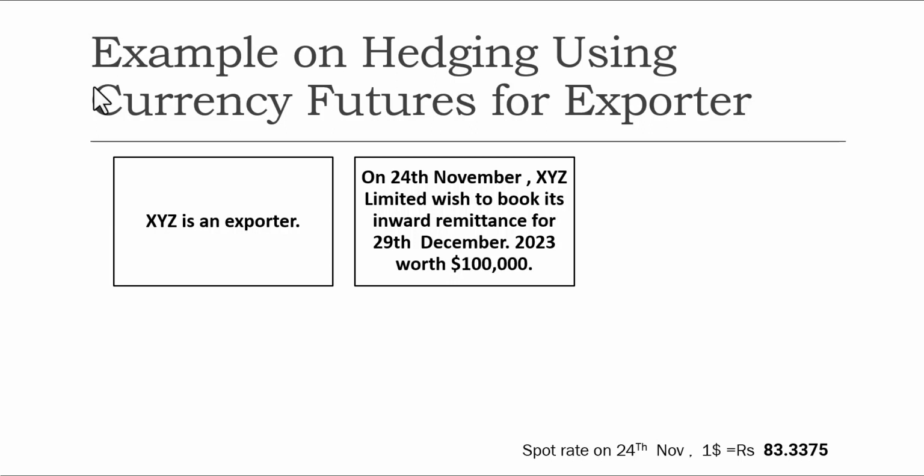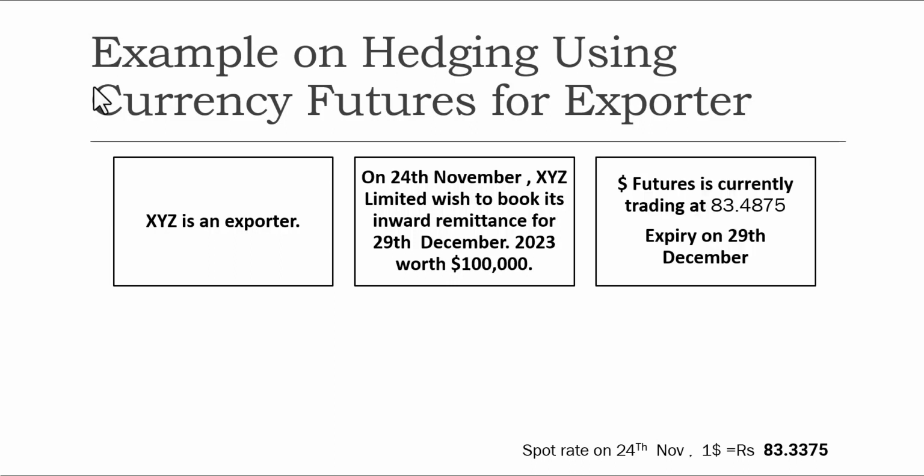So on 24th of November, XYZ Limited wished to book its inward remittance of $1 lakh for 29th of December. Now he's getting the payment next month from abroad. So he goes to the stock exchange and sees that the dollar future is currently trading at 83.4, expiry on 29th of December.